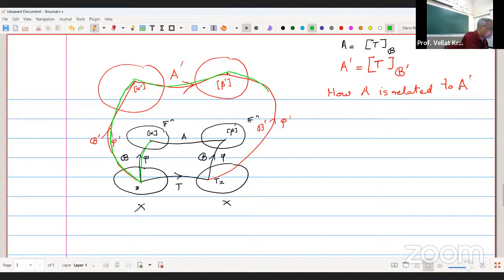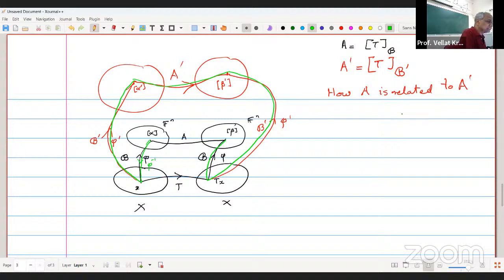Then I go from beta prime to Tx, and then go to beta. This action is actually carried by A. So let us write it out. First, what is this action? This action is essentially given by phi inverse.